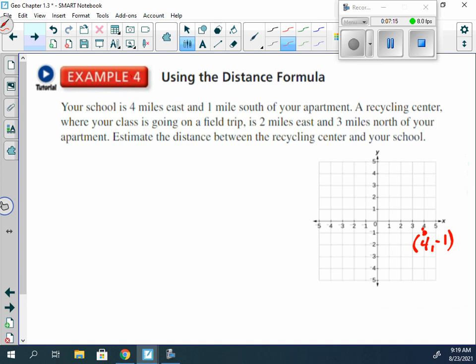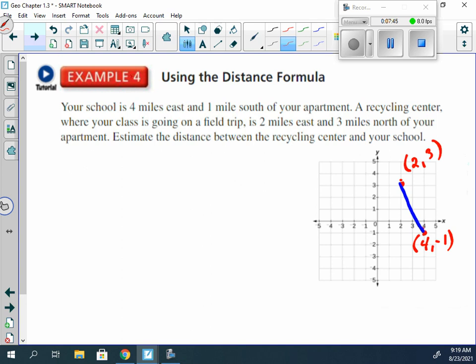That's our one point. Now the recycling center is 2 miles east and 3 miles north of your apartment. So we're looking at these two points here, and we want to find the distance from one to the other.